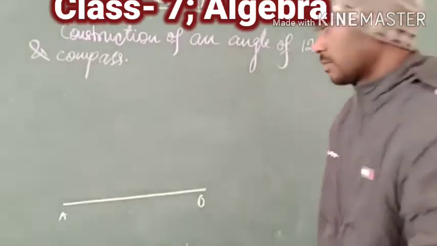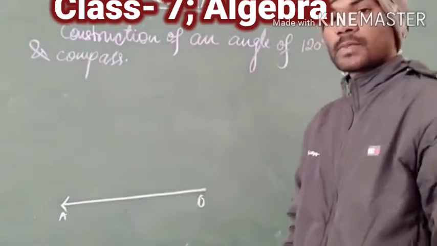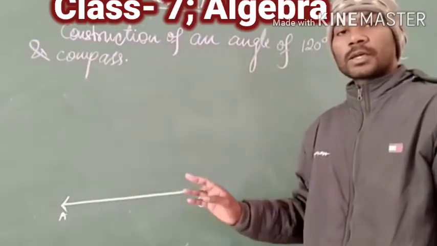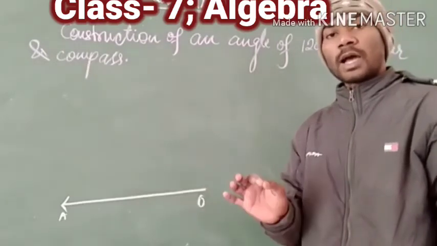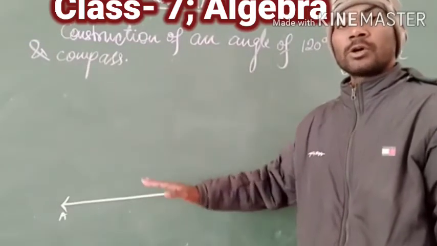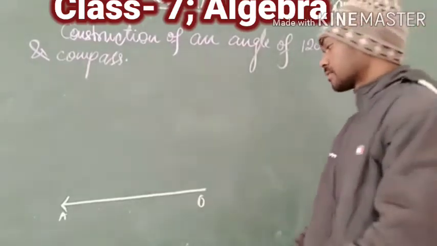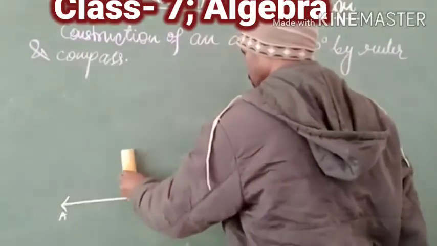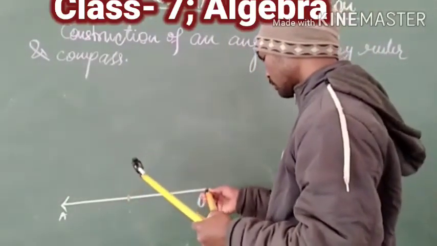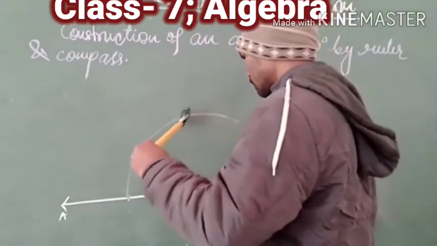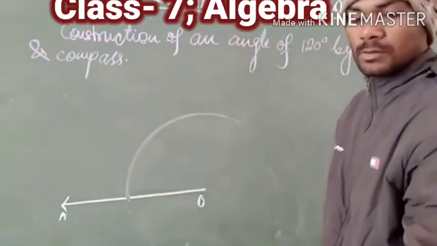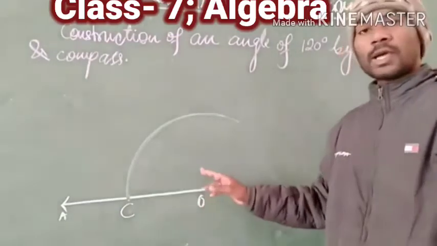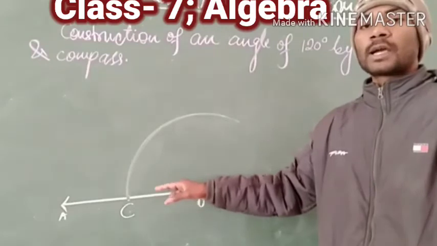In the next step, with O as a center, draw an arc which cuts the ray OA at the point C. So this is an arc which, drawn from O as a center, cuts the ray OA at the point C.